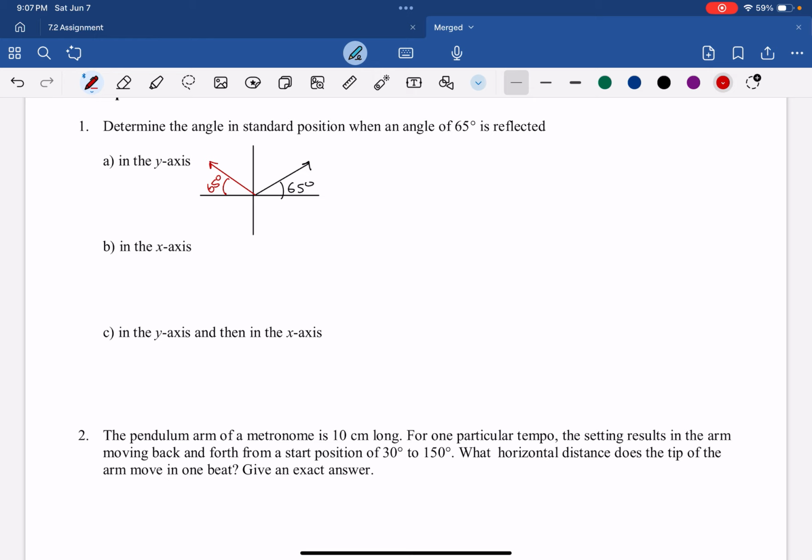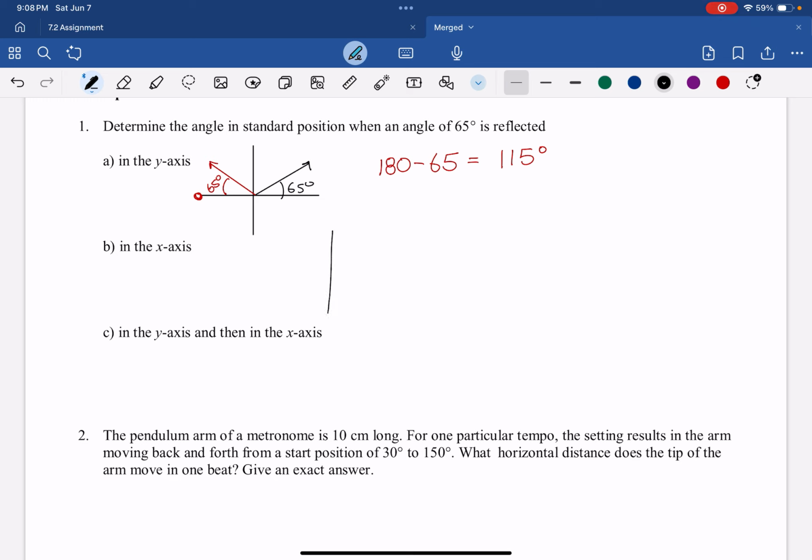Okay, so I need to figure out what angle that is, so I'm going to reference from that 180. So this is going to be 180 minus 65, okay, which will be 115 degrees.